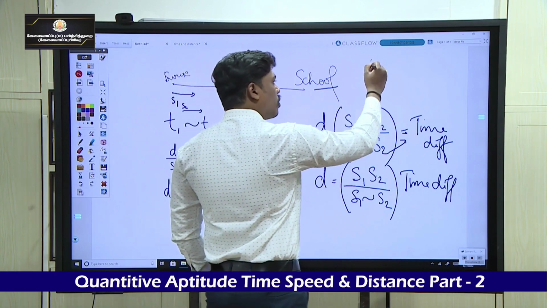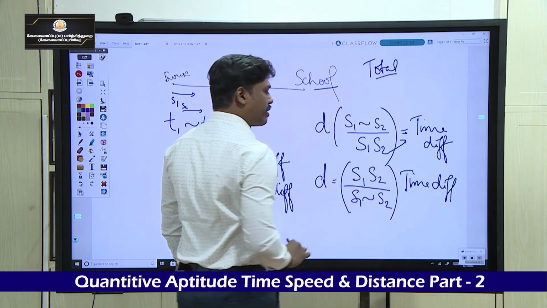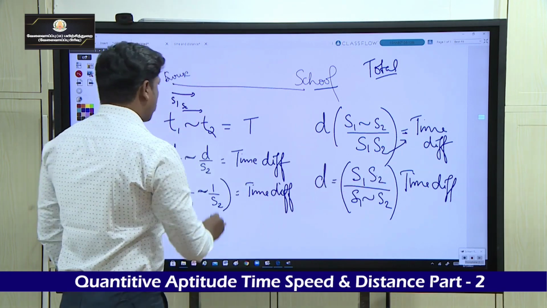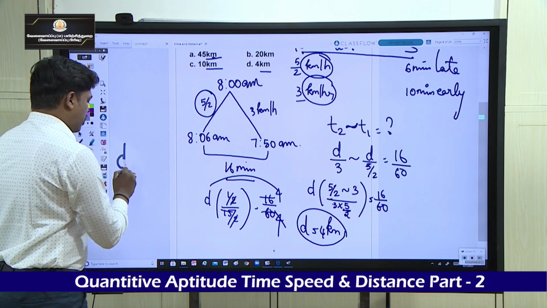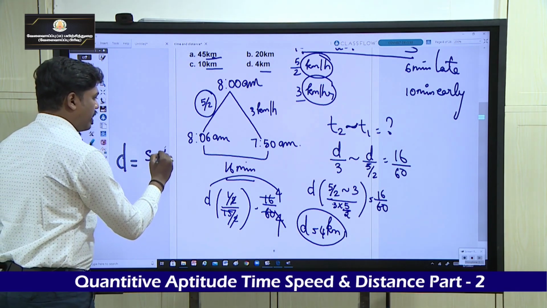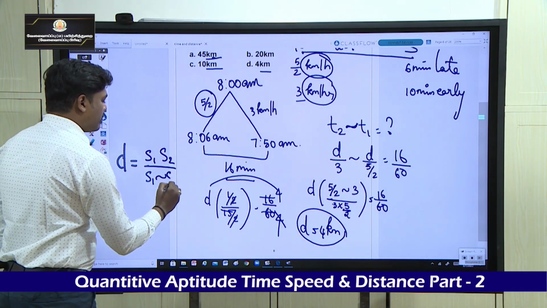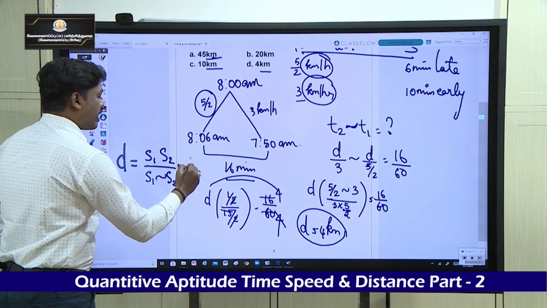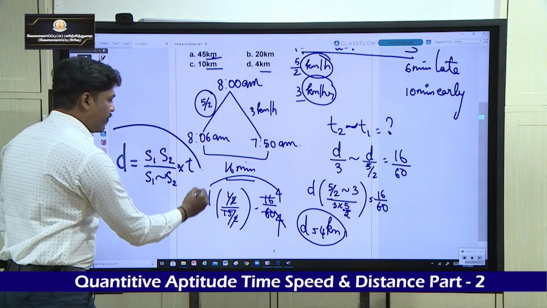That was total time and this is time difference. So look at the formula. Just apply the formula here. This is the formula we are going to use here.